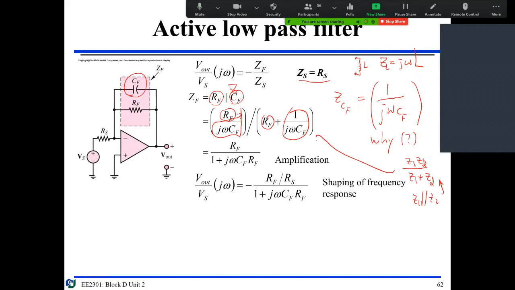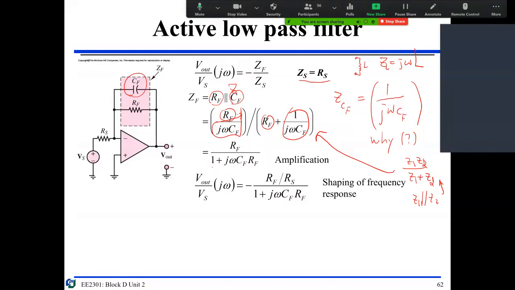So I hope you can follow. Then we just multiply j omega CF to both numerator and denominator. We end up with 1 here, then j omega CF RF. So you have RF left in here, okay?